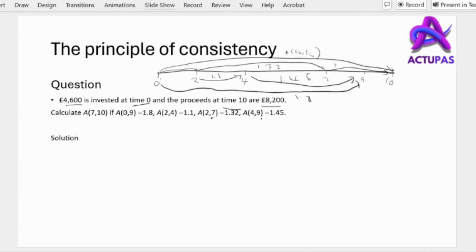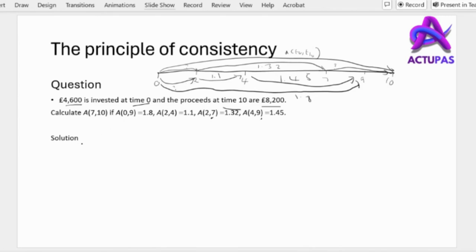But just like above, we also do not have a 0 to 2. And we can see that for a 0 to 10, we have two unknowns, a 0 to 2 and a 7 to 10. But for a 0 to 9, we only have one unknown, a 0 to 2. So we can use the principle of consistency for a 0 to 9 to get a 0 to 2.